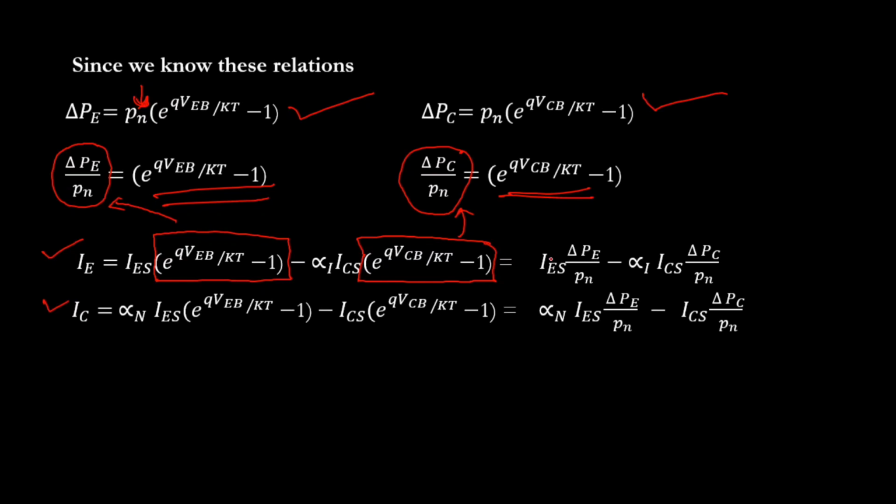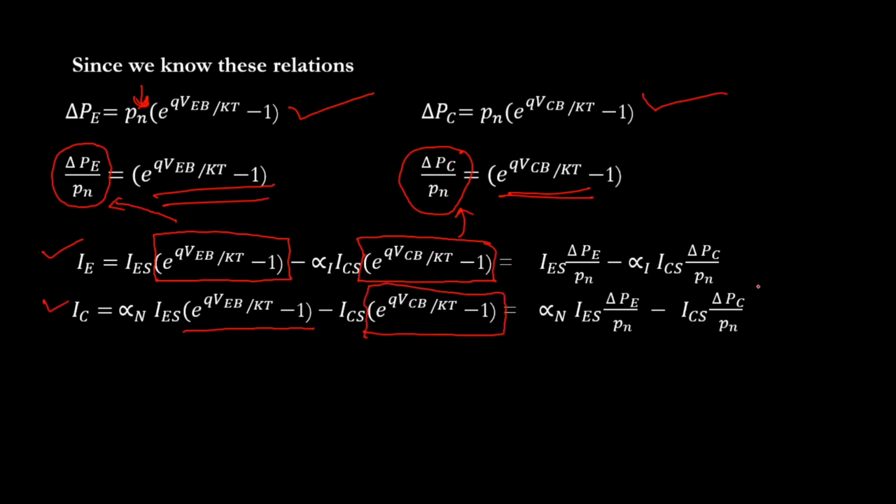Now I get this. In a similar way, in this expression also, e to the power qVEB by kT minus 1 is replaced by delta PE by Pn, and this expression is replaced by delta PC by Pn.